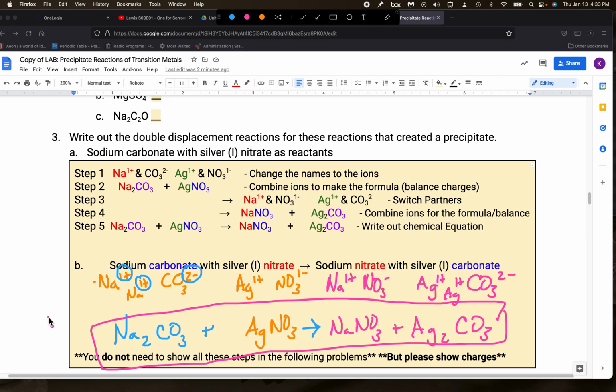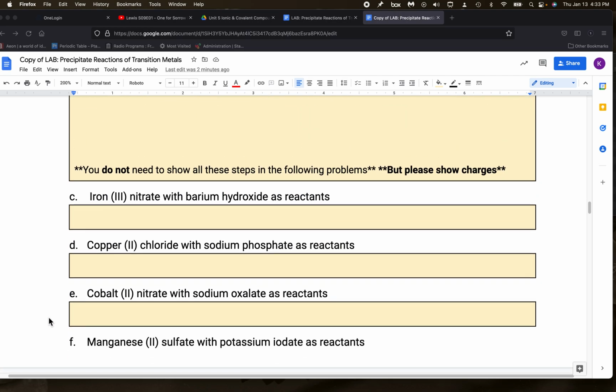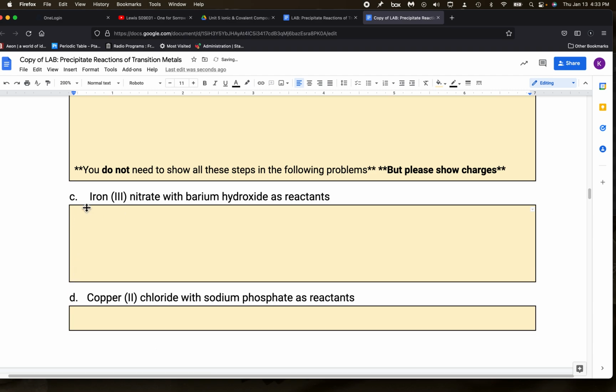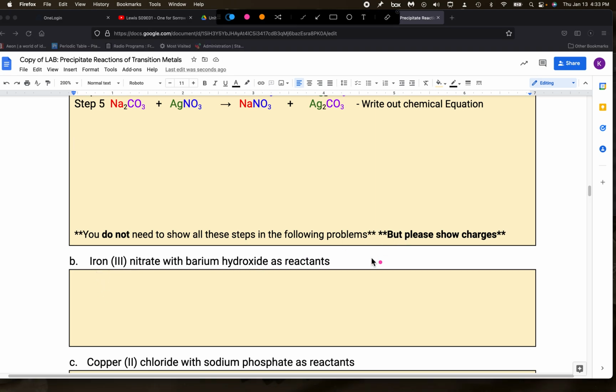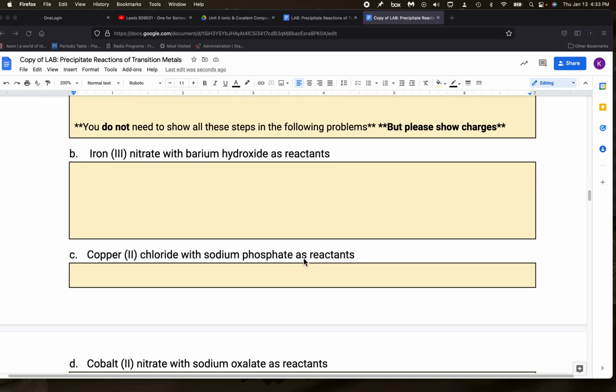So let's go down to the next one. And so this should be B. Sorry, let's get rid of this. There, now it says B. So I have my silver, my iron nitrate, and then on this side, let's bring that up a little higher.